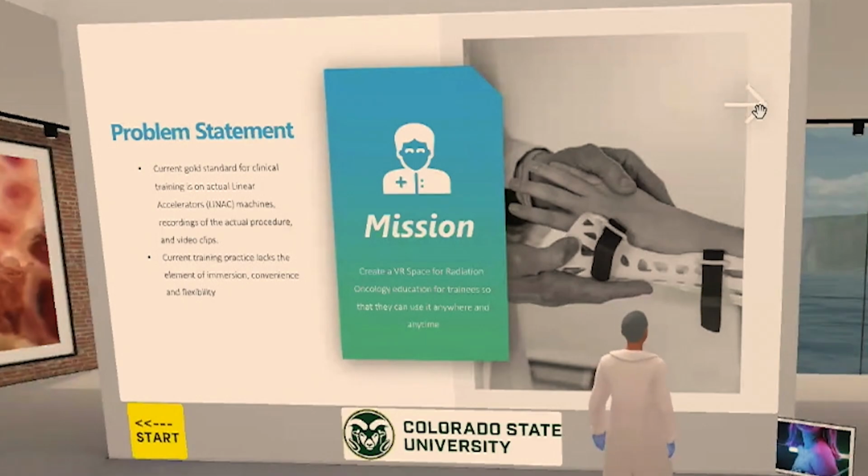And I think the biggest downside of the current method is lack of immersion, convenience, and flexibility.